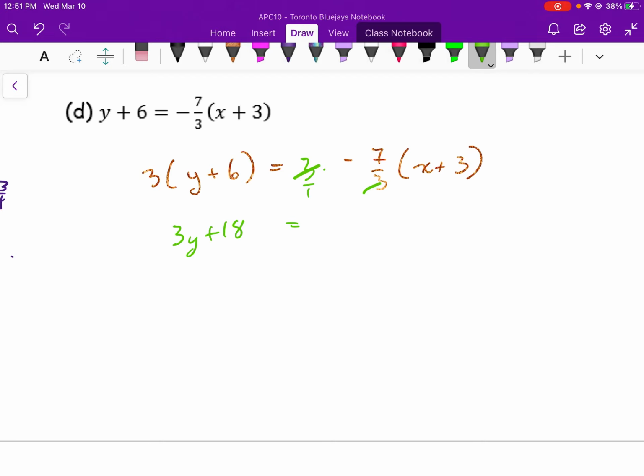So I have a factor of 3 canceling out on both top and bottom. So maybe all I'm left with is negative 7 times x plus 3. So I'm just going to annotate in the step above, I multiplied both sides by 3. In the bottom, I just simply multiplied 3 and 7 over 3. And it reduced to negative 7 over 3, and then reduced to negative 7.